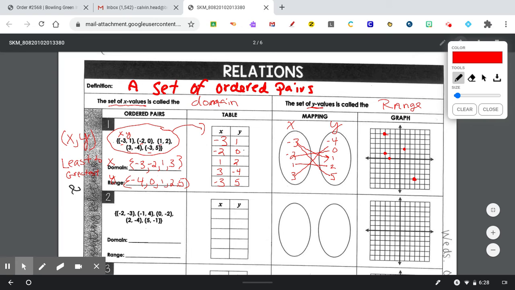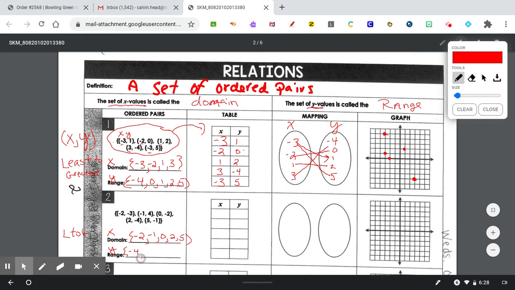All right. We'll do another one of those down here, looking at number 2. Remember, the domain is X, the range is Y, least to greatest. The X's are already in order from least to greatest, so I'm going to do -2, -1, 0, 2, 5. Now we have to do the Y's and put them in order from least to greatest.